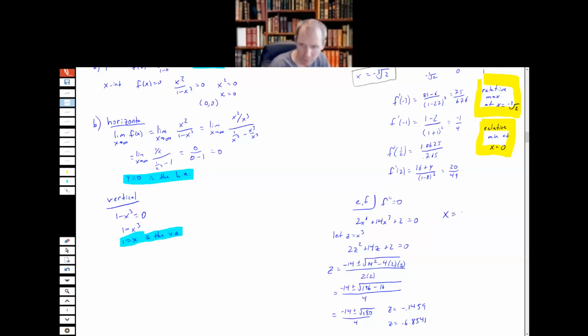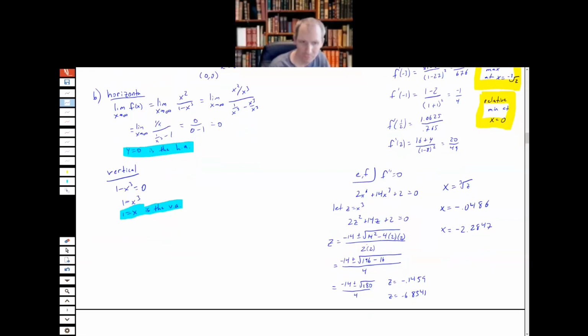So now solving for x, I get x is the cube root of this first one, which is negative 0.0486, or x could be the cube root of this second one, which is negative 2.2847.